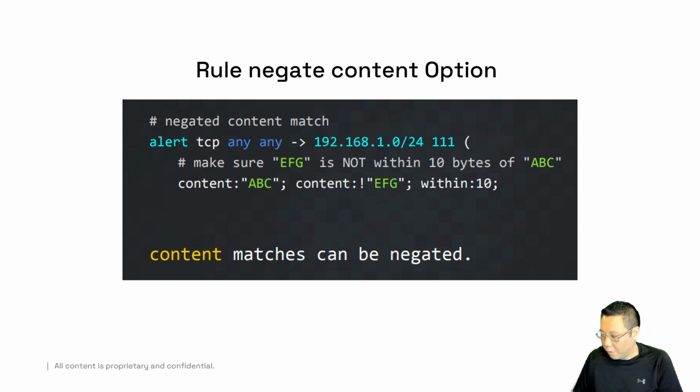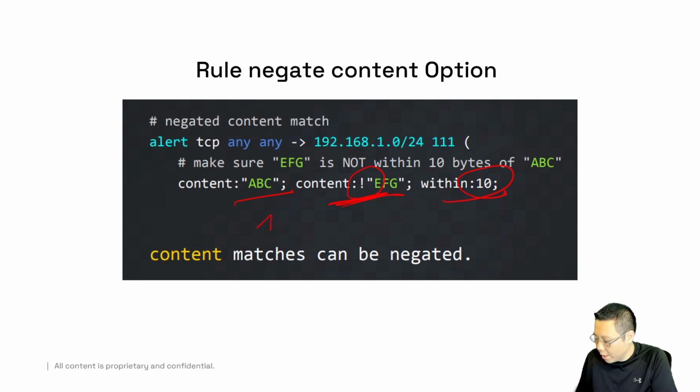One thing before we move off our options is negate. I want to say not EFG. You can add it in there, but you always want to add it at the end as opposed to the beginning. Negates are basically saying I have a very low performance and don't know what I need to look for, but I just know it's not going to be that. So I may want to make sure that within ABC, within 10 bytes, it's not matching EFG.